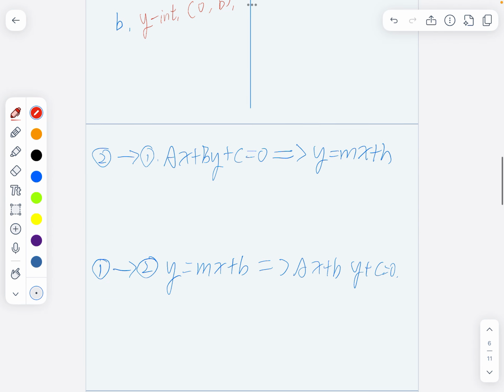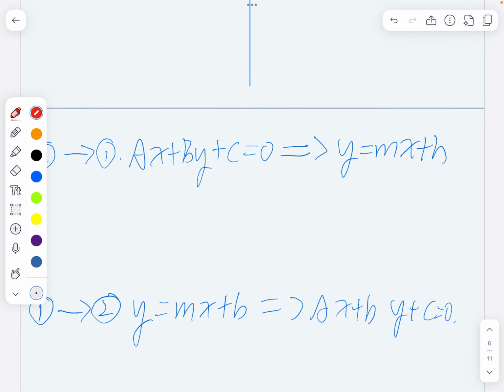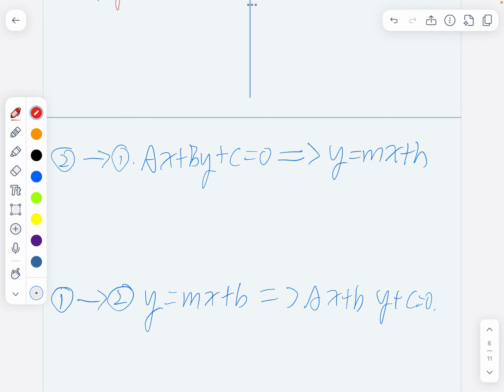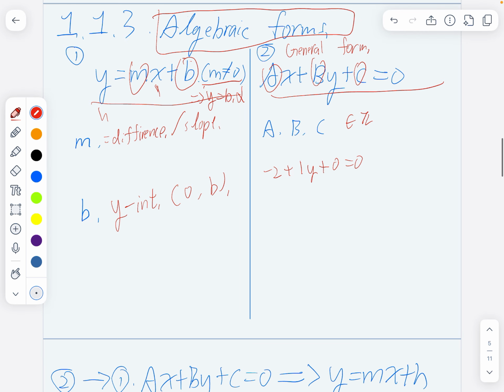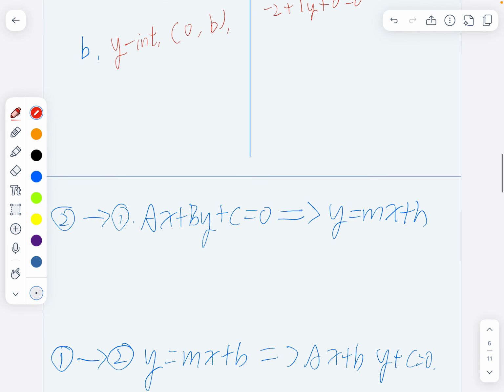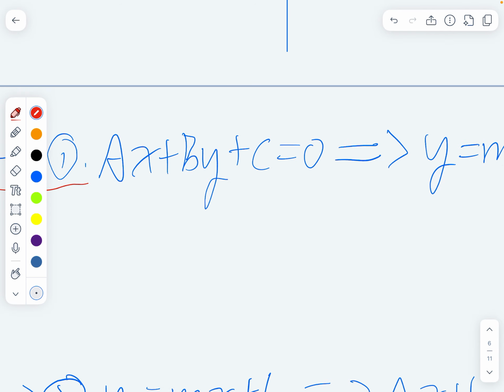So let's talk about how to convert between them. The first one, we need to find how to go from the second form to the first. The first step, we need to cancel out the c. That means we can minus the c from both sides.